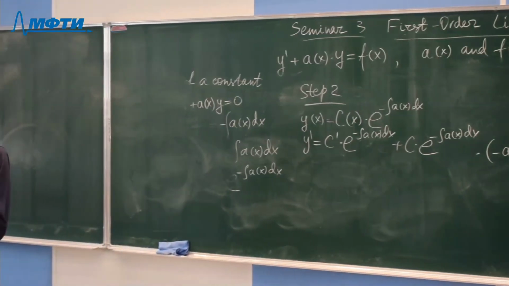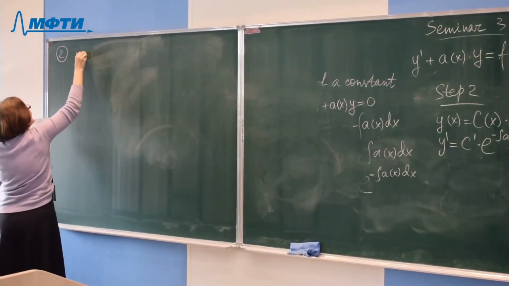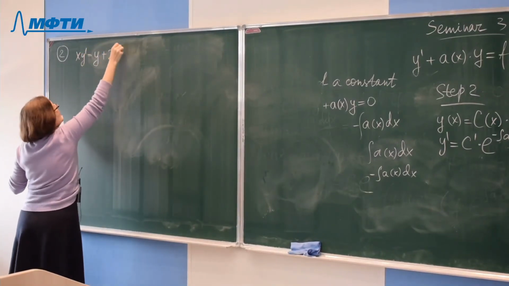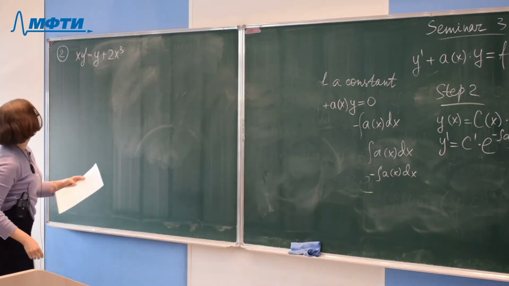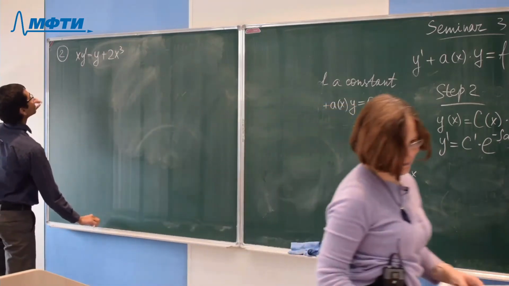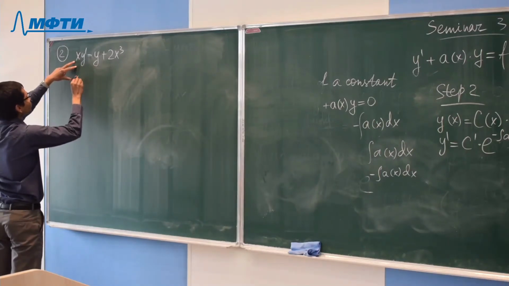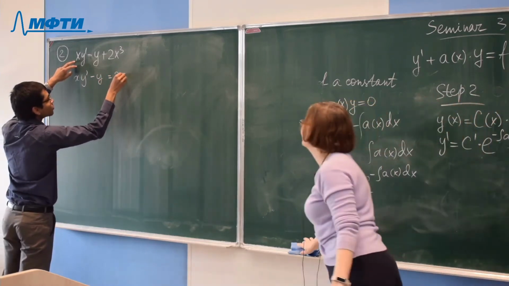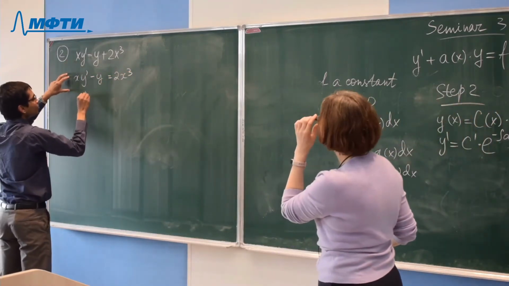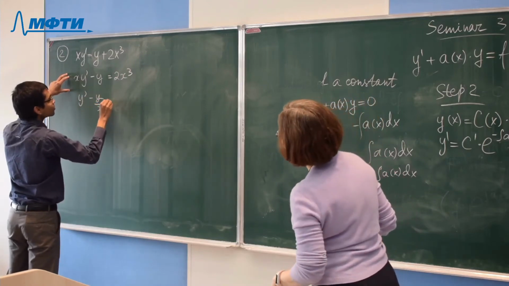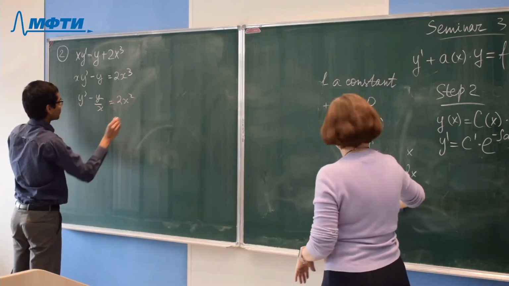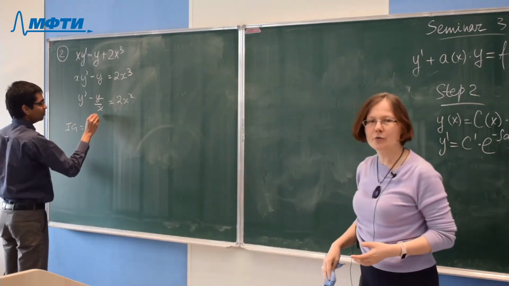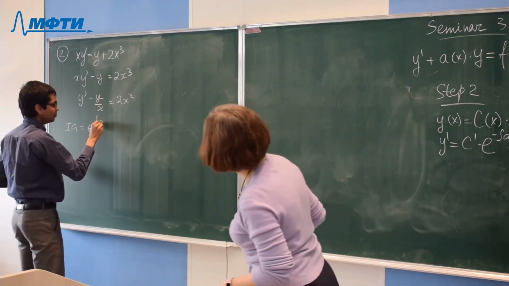Okay. Task number 2: x y prime equals y plus 2x cubed. First, bring this equation to the standard form. It's correct.